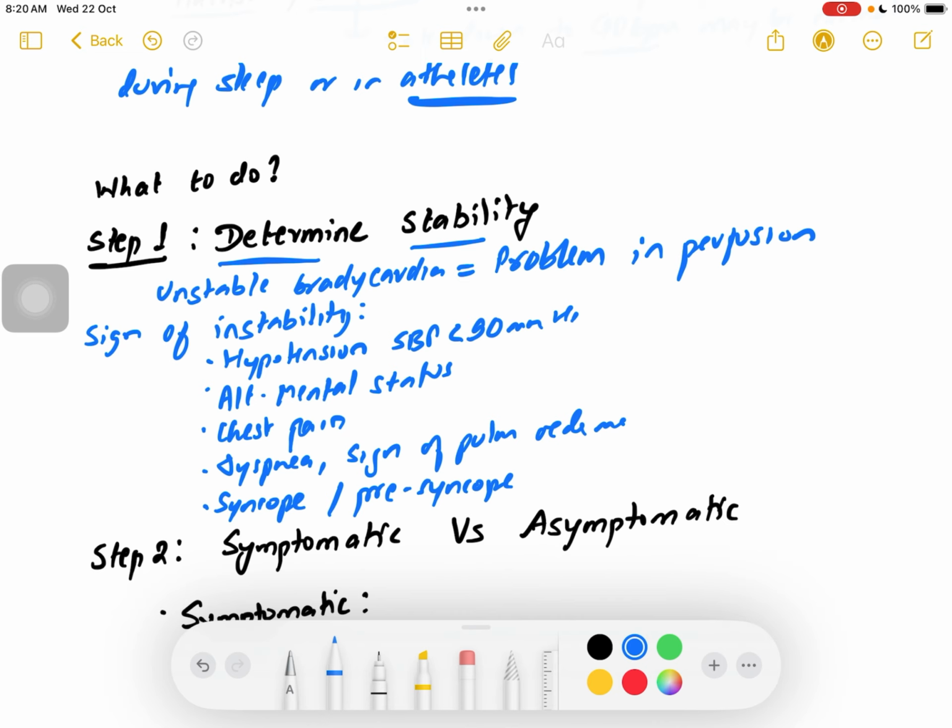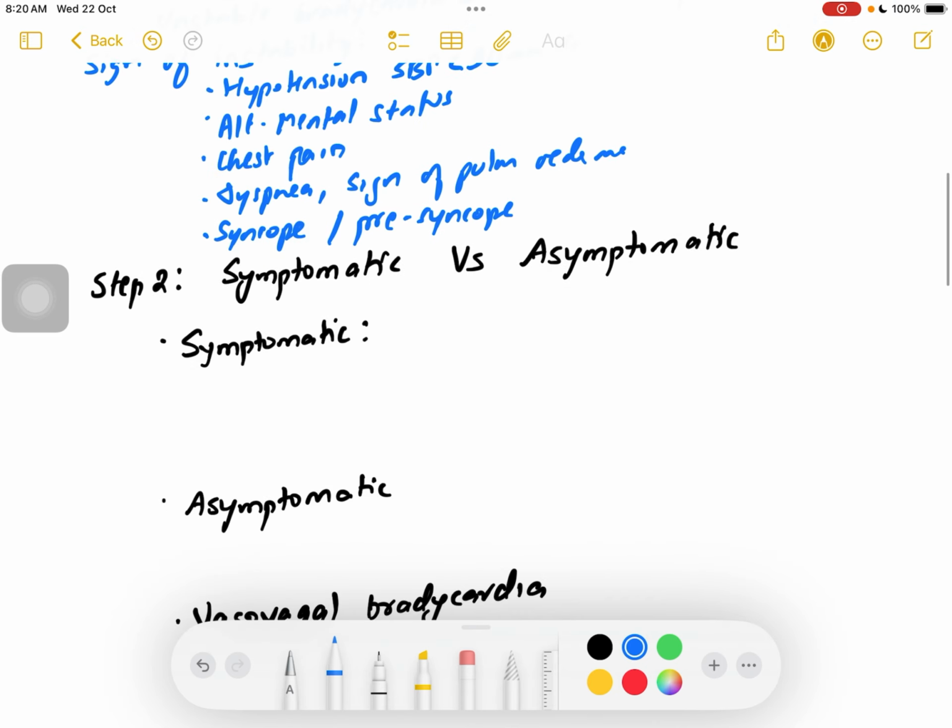If any of these are present, that means the patient is unstable, and we have to go further to treat this patient.